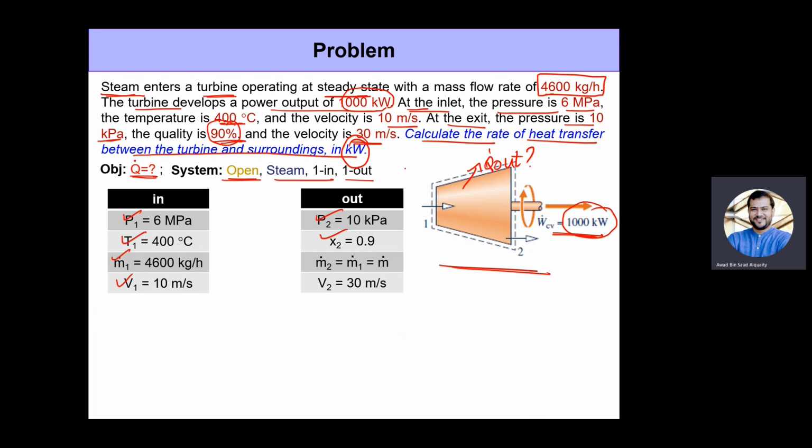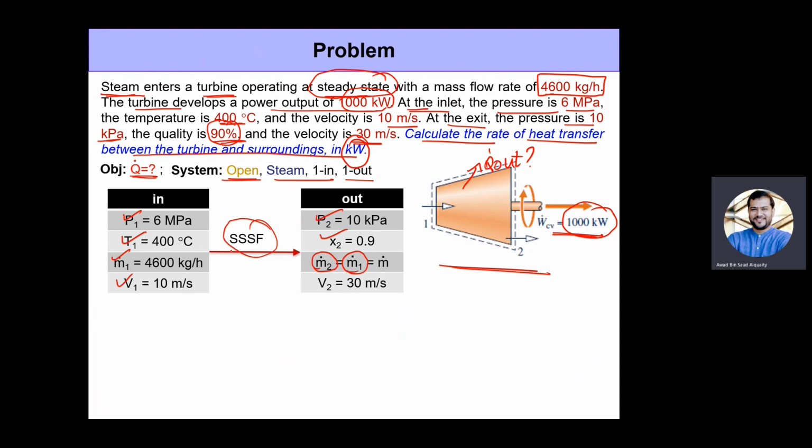And since we are dealing with a steady state steady flow device, which is a turbine, and all turbines are steady flow devices by default, we can say that since we're dealing with a single inlet, single exit turbine, the mass flow rate at the exit should exactly be equal to the mass flow rate at the inlet, which is just the value that is given to us. Okay, the velocity at state 2 is 30 meter per second, and it's undergoing a steady state steady flow process as it goes from inlet to outlet.